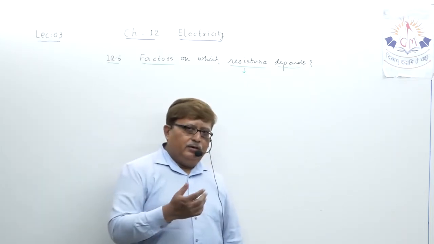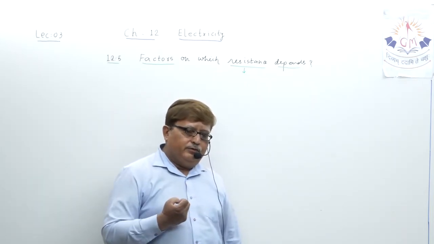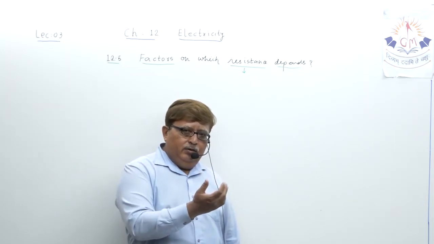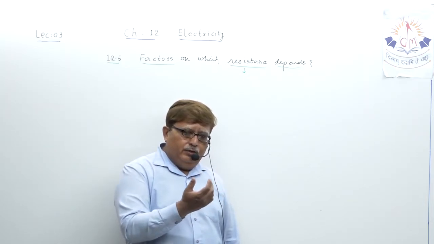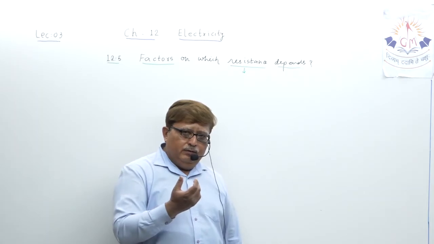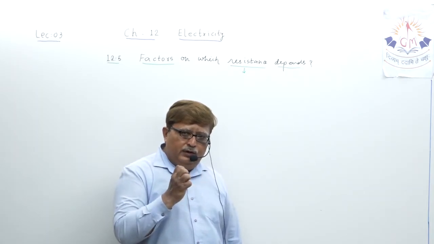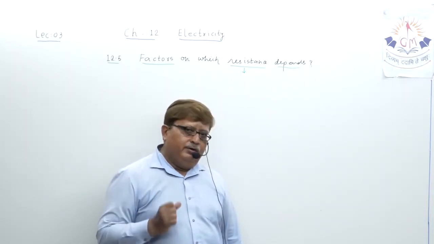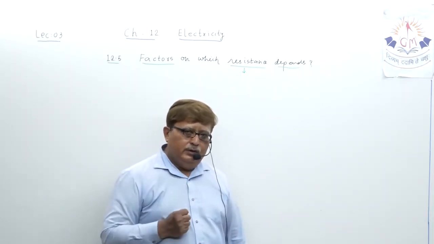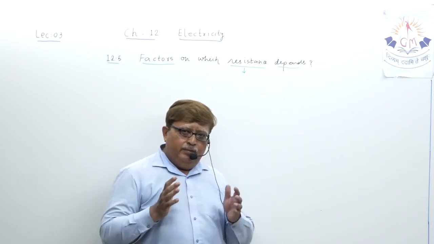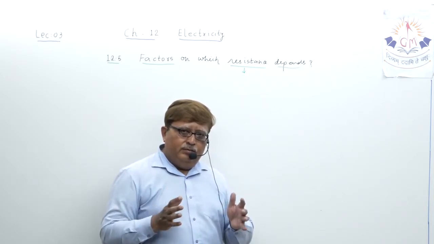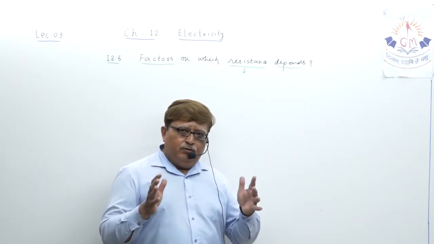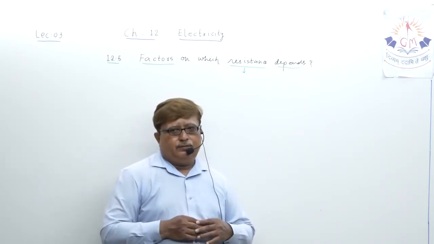But when electron wants to pass from one end of the conductor to another end, the motion of electron is restrained, means opposed, by jam-packed atoms and ions present in the solid conductor.